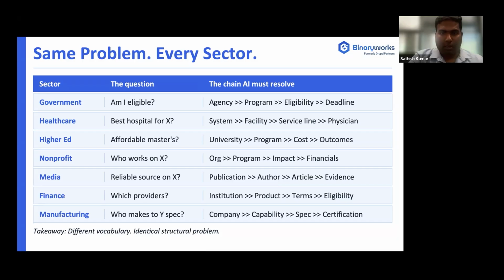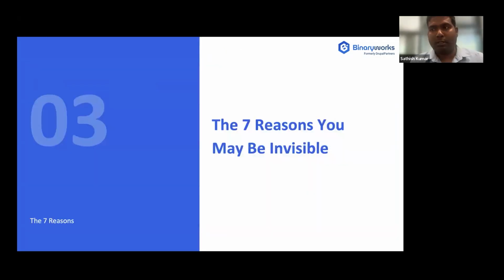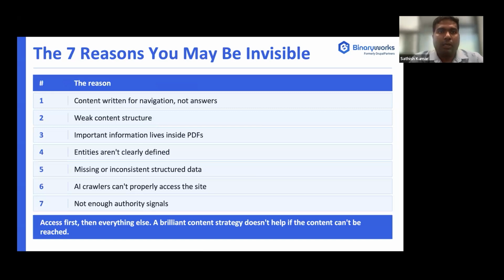So let's see some of the reasons why your site is getting invisible. The seven reasons that we see: first, the content you have written is for navigation, not for answers. Right now, websites are created for humans, and website navigations are created for humans.